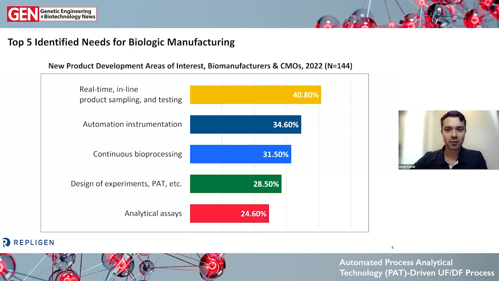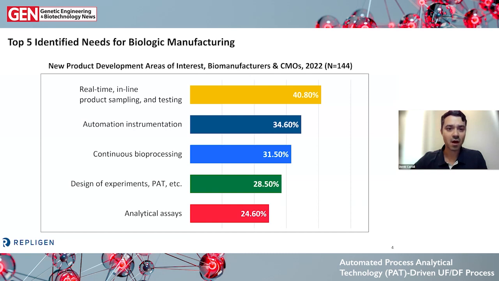And we really are now looking at trying to bring all of those things together with real-time sampling that is allowing for automation control. This could enable in future iterations of the product continuous bioprocessing.